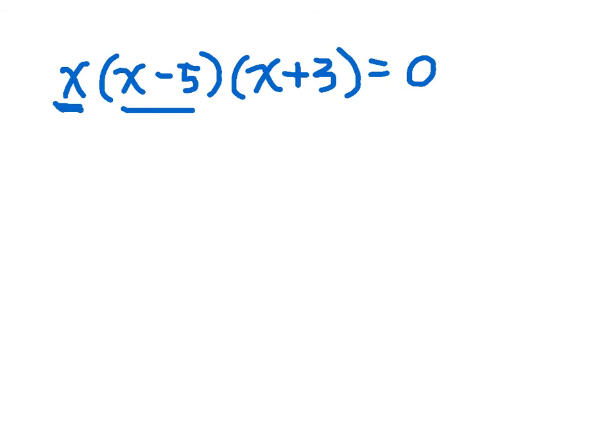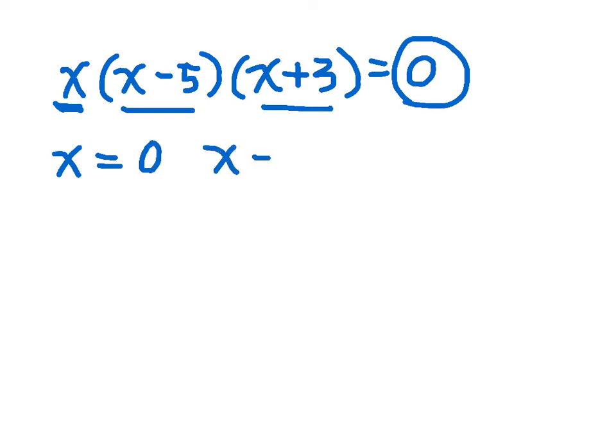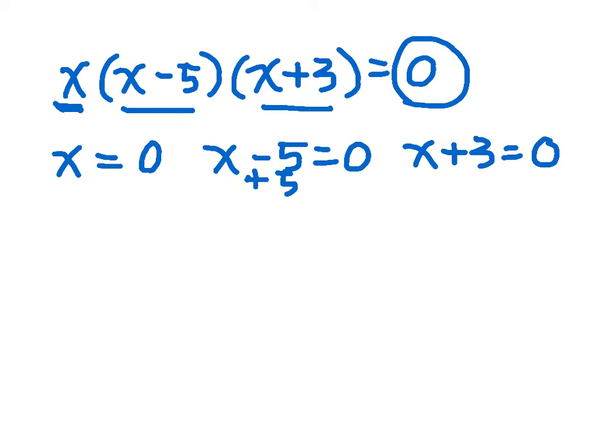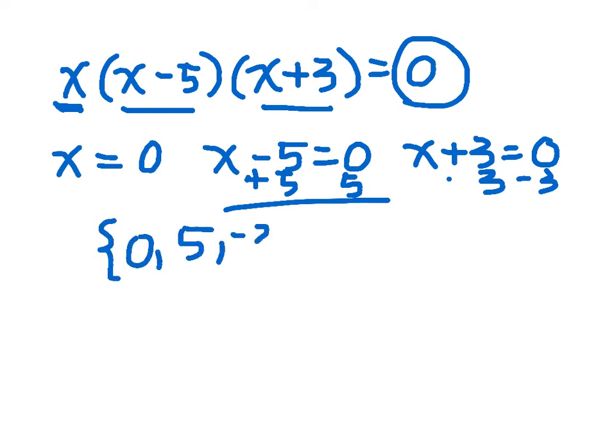If this number times this number times this number equals 0, then one of them has to be 0. The only difference is now we say x can be 0, x minus 5 could be 0, or x plus 3 could be 0. That means that there are now 3 solutions. They are x equals 0, 5, and negative 3.